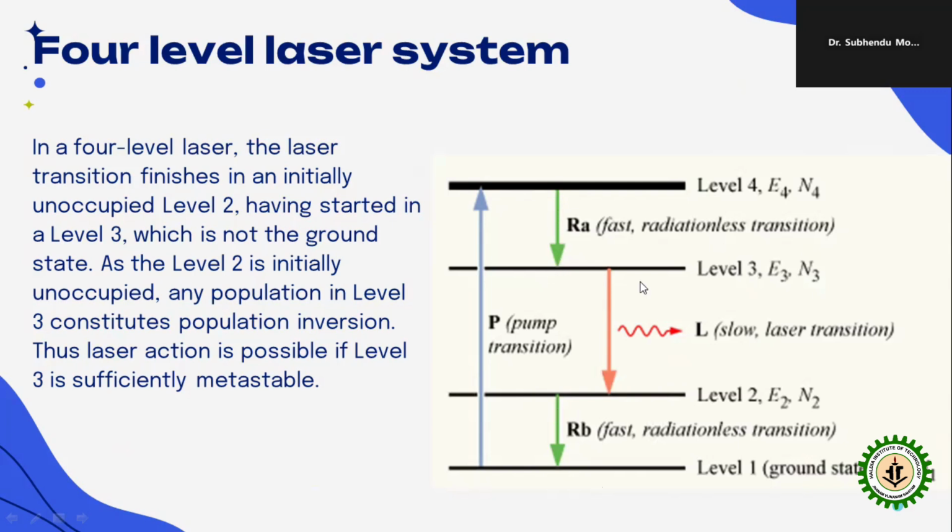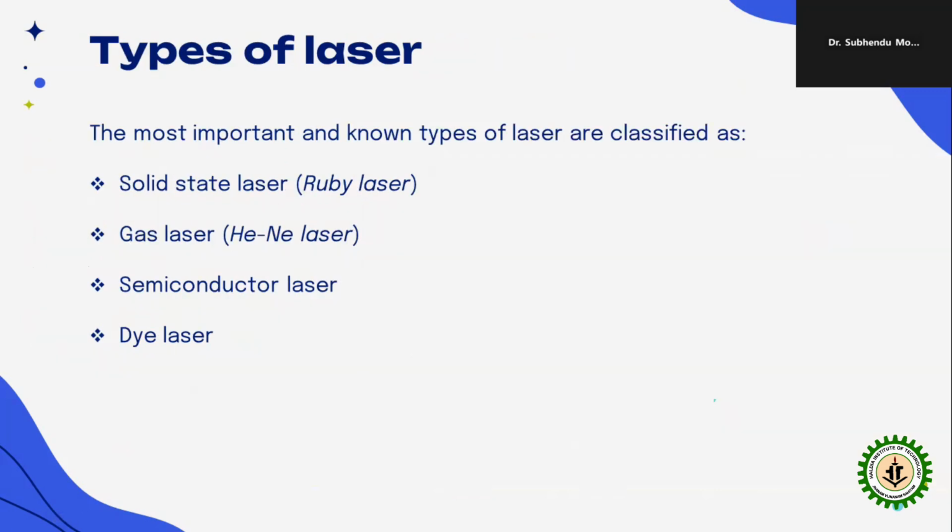Between level 3 and level 2, we then have population inversion. If level 3 is metastable, we can efficiently use it as a lasing medium, and laser action is possible if level 3 is sufficiently metastable. That is the advantage of the 4-level system over the 3-level system.